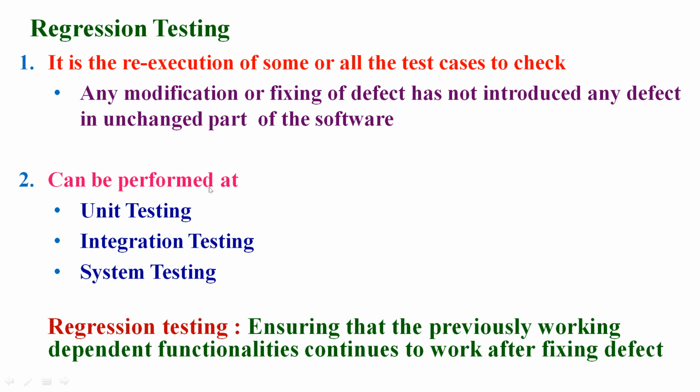This regression testing can be performed at all the levels of testing. That means regression testing will be done during unit testing, during integration testing, and during system testing also. So what is the main purpose of doing this regression testing? To ensure that previously working dependent functionalities continue to work after fixing the defect.